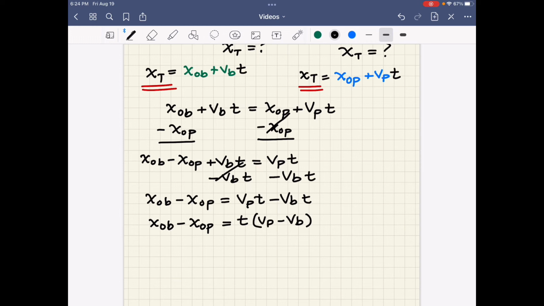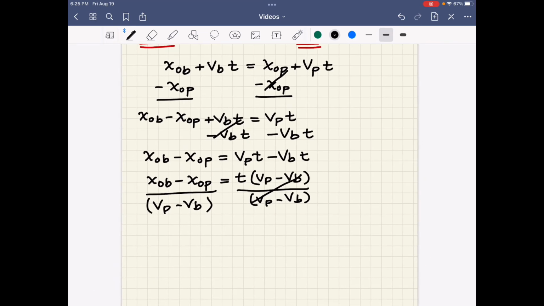Now we're one step away. We just divide by the two velocities in the parentheses. This cancels. Vp minus v Bravo.